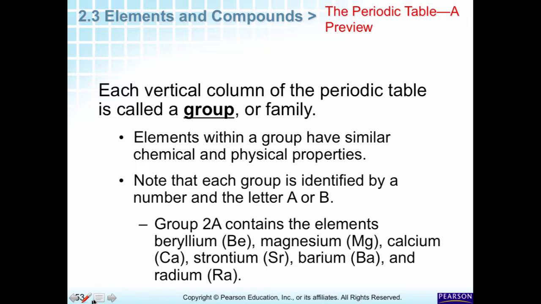So I mentioned each vertical column is called a group or family because they have similar chemical and physical properties. This is something that is sometimes shown and sometimes not. Today we usually look at the periodic table and go 1 through 18, and previously we had, let me go back to the periodic table and show you.